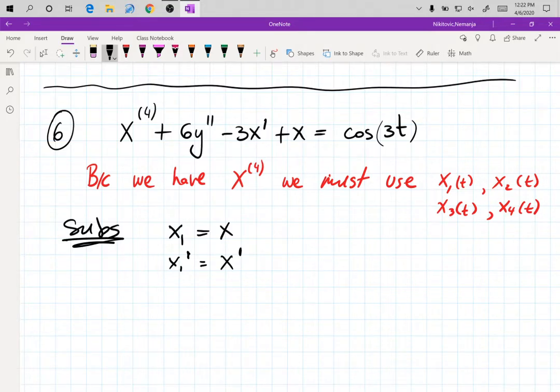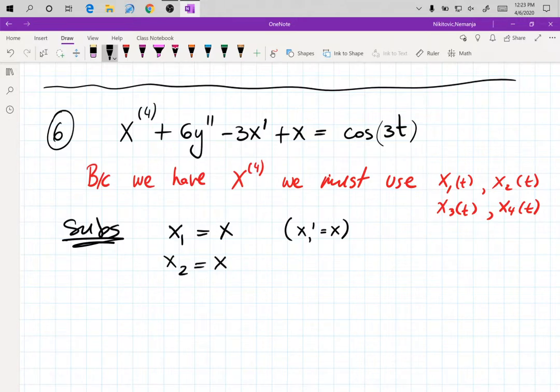Now, I am going to define x2 as x. Actually, I should have written this on the side. I'm just going to put it here in parentheses. x1 prime is x prime, but we're going to come back to that because I'm defining x2 to be x prime.